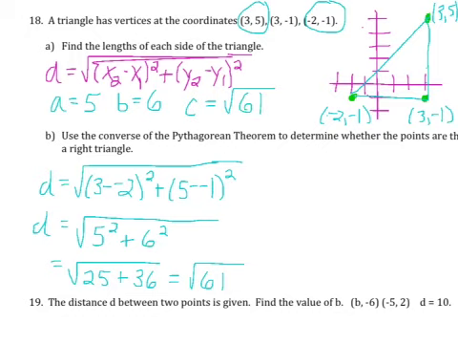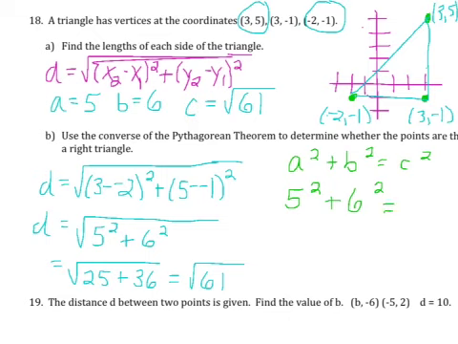So now what we need to do in part B is use the converse of Pythagorean theorem to see whether or not the triangle we drew is a right triangle. So we can use a squared plus b squared equals c squared to help us figure that out. We know that side A is 5, and we know that side B is 6.